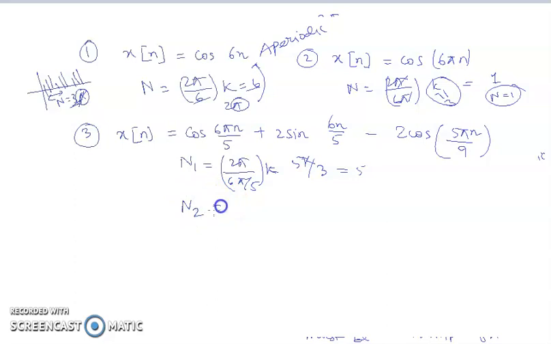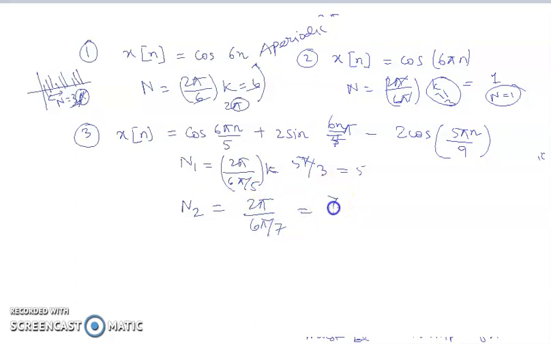So for N2, this is not 6, it is 6 pi by 7. So N2 is equal to 2 pi by 6 pi by 7.